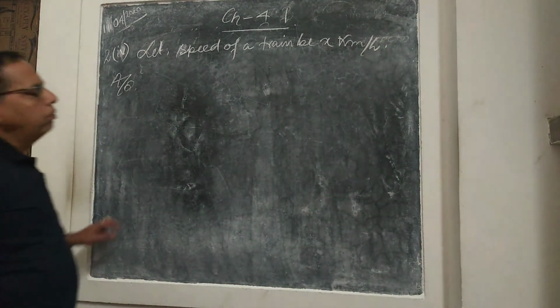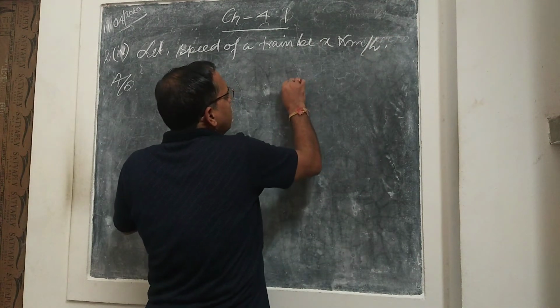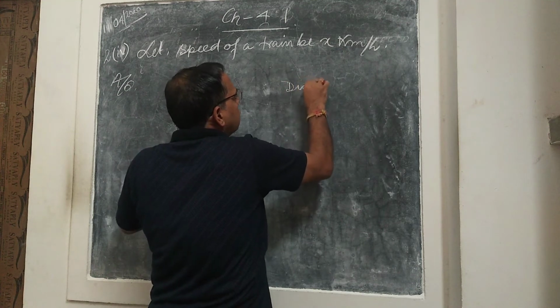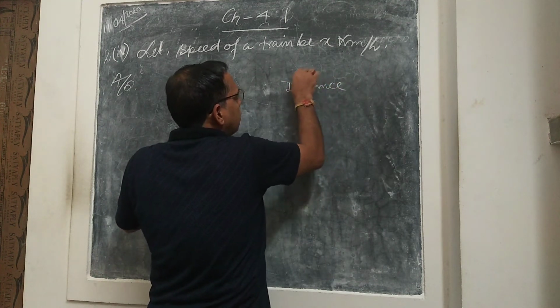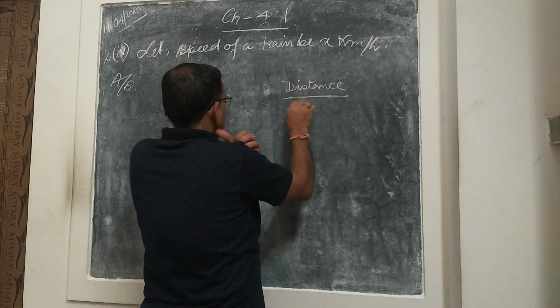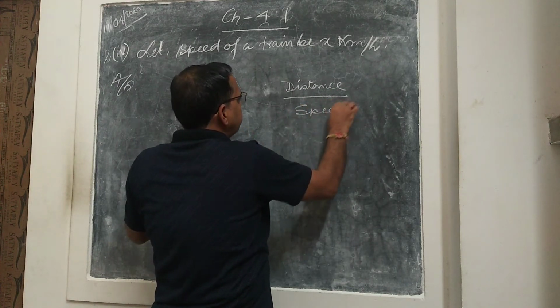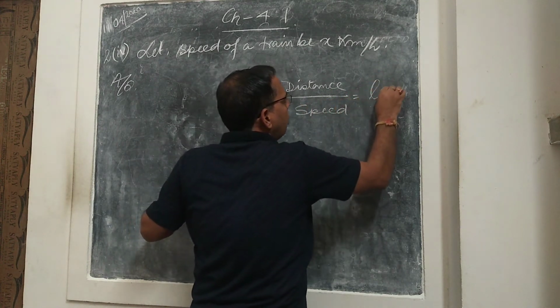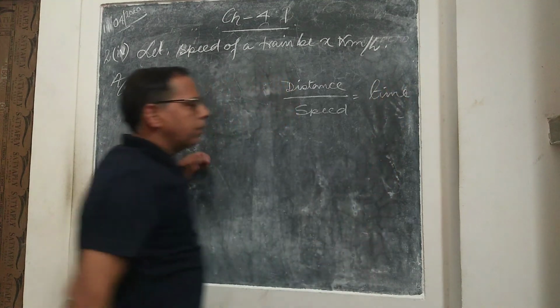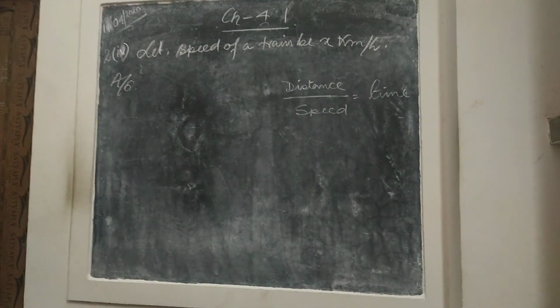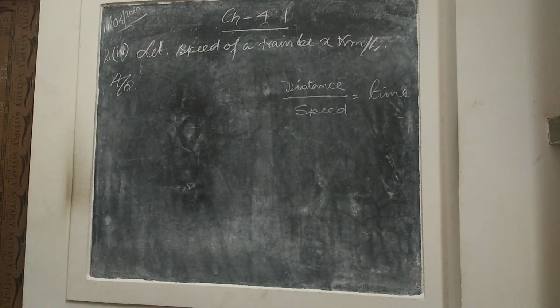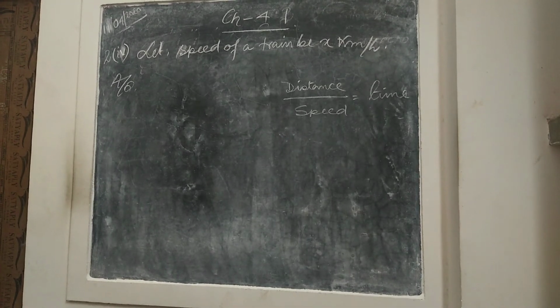Now you know distance divided by speed equals time. Now here, what they have given: if the speed had been 8 km per hour less, then it would have taken 3 hours more.